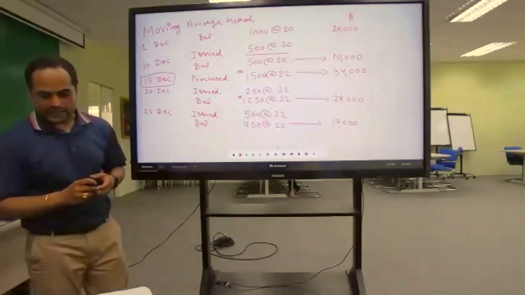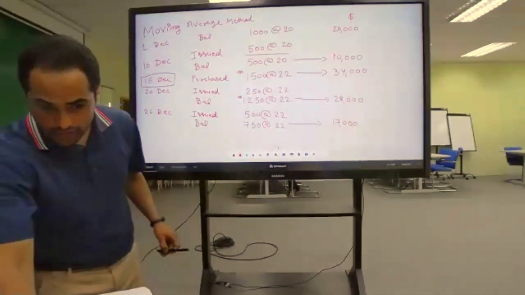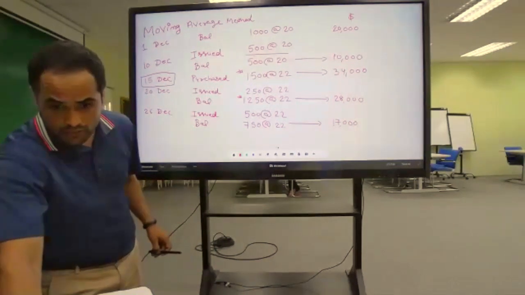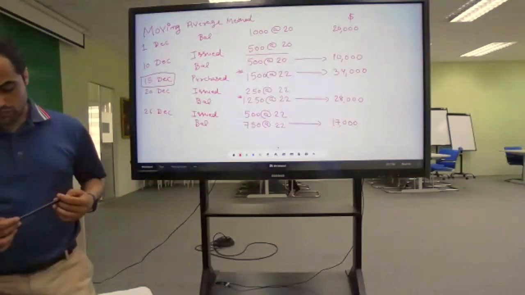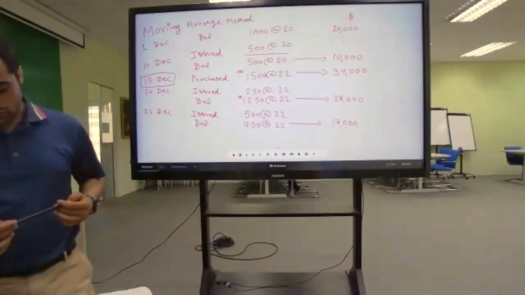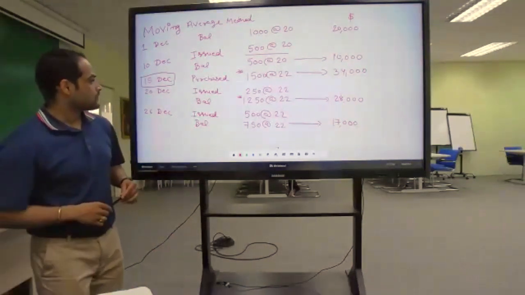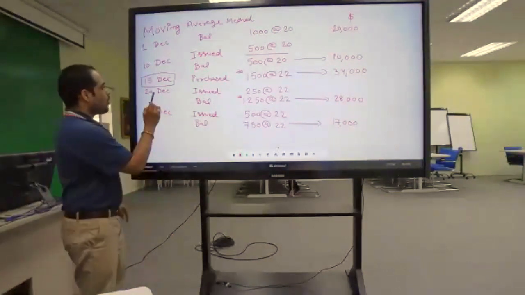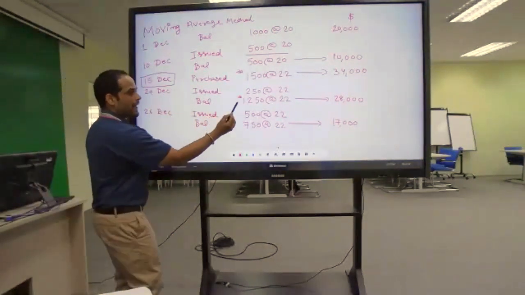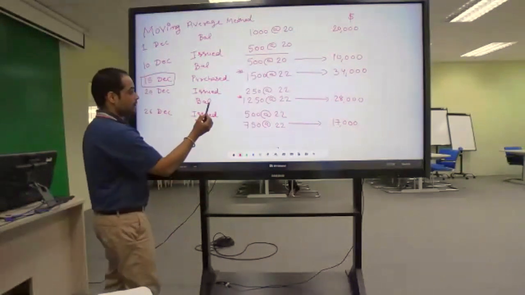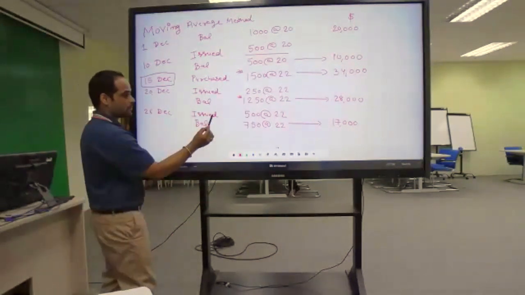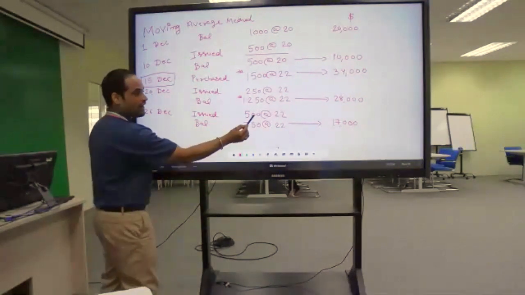Next is 28. Why is the balance of 26 December 750? Because on 20 December, the balance was 1250, right? And on 26 December, material out 500.